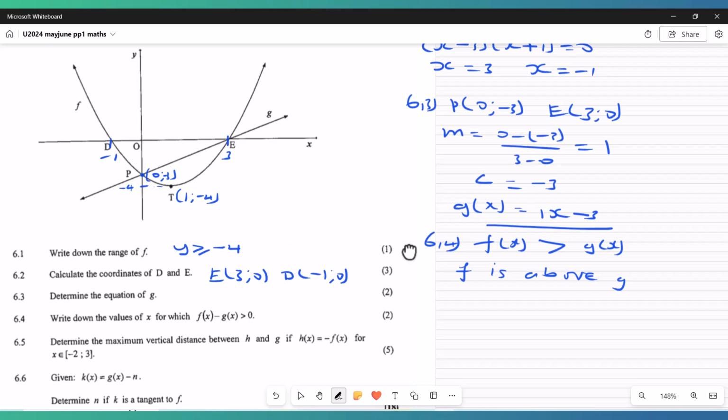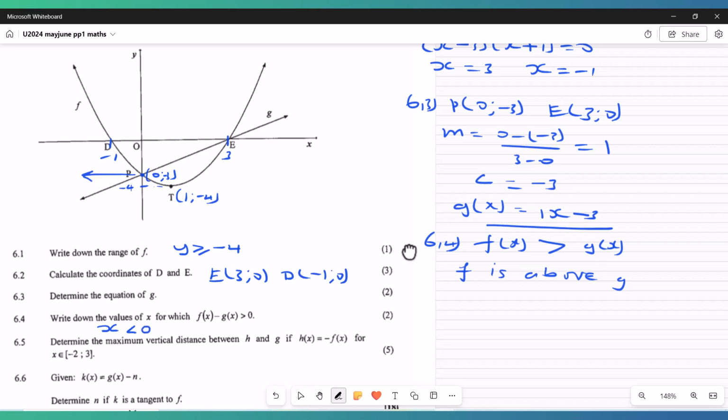So if we check here, let me start from here. You see at point P going to the left here, which one is above? F is above, then G is below. We're saying F is above G here, which means that's what I'm looking for. So I have all the x values less than 0. That's one of my answers. So I have x less than 0, because at P my x is 0.